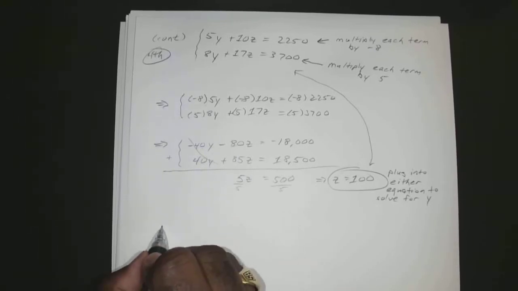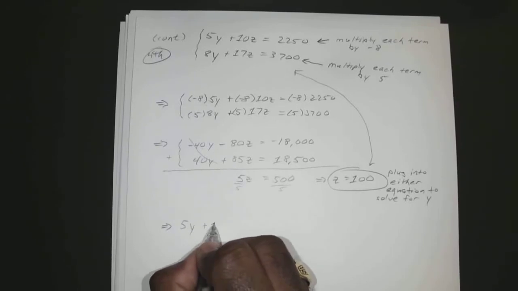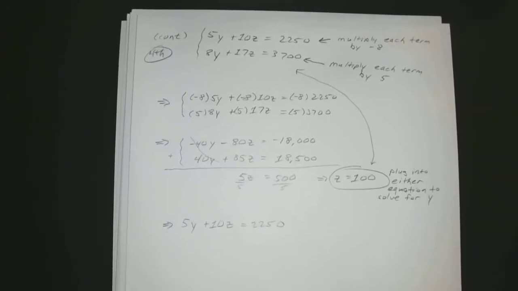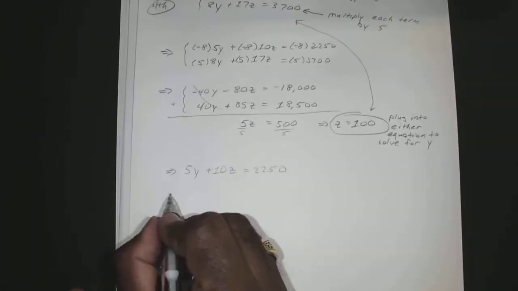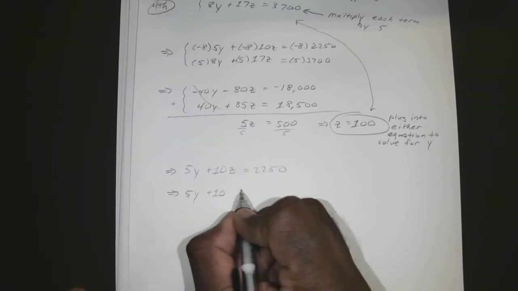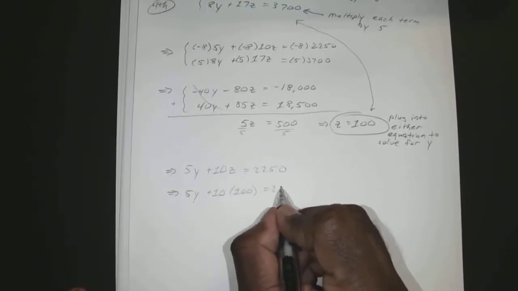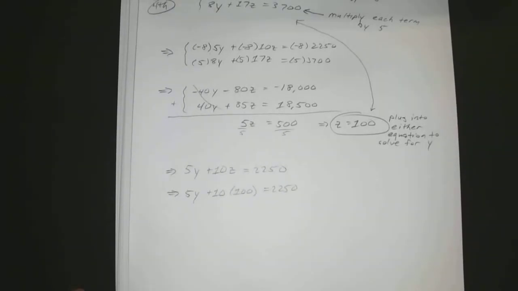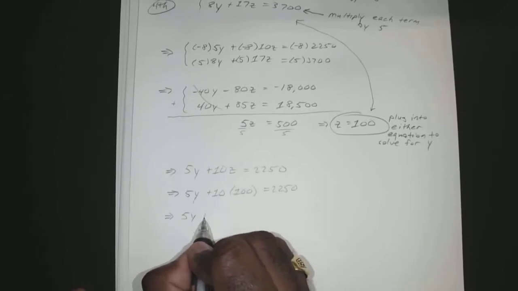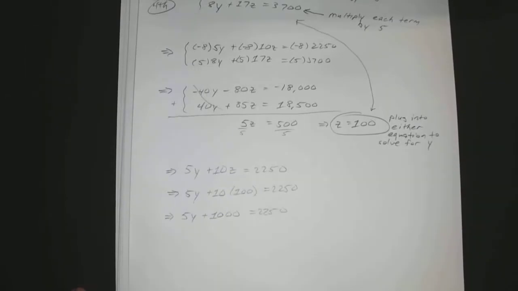We'll just pick the 5y plus 10z equals 2250. That means 5y plus 10 times 100 is 2250. So 5y plus 1,000 is 2250.